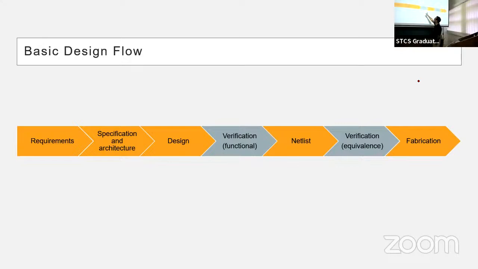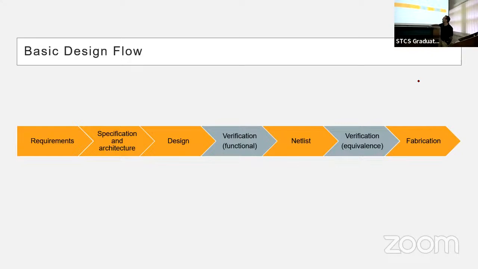And then comes this step of verification, which is basically our focus in today's talk. This step is basically just to ensure that this design matches the specification. And then of course, after this, the model, which is still in the form of RTL, gets converted to the netlist, which is gates and flip-flops.